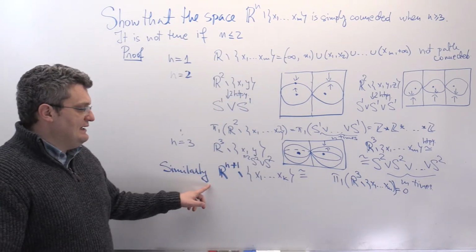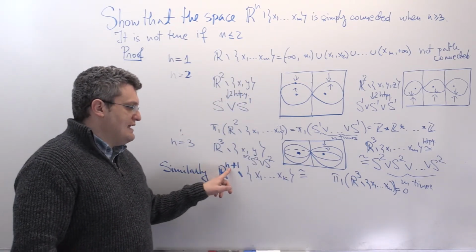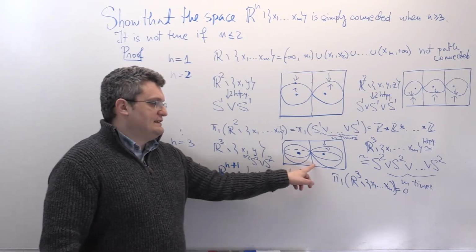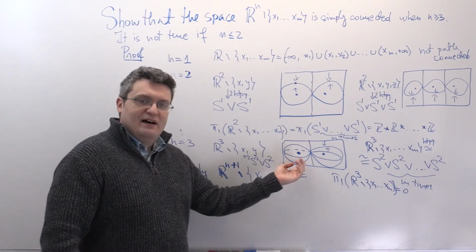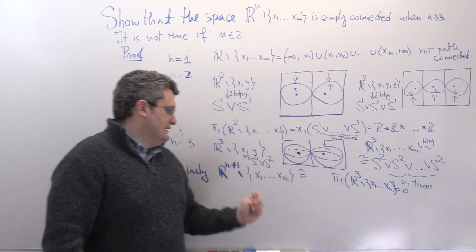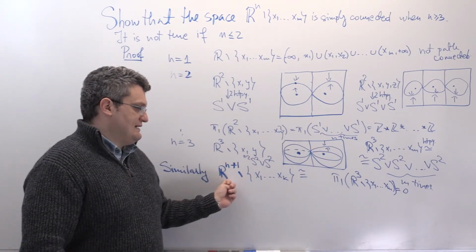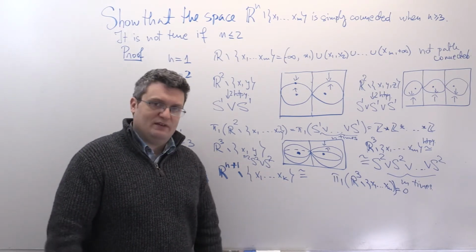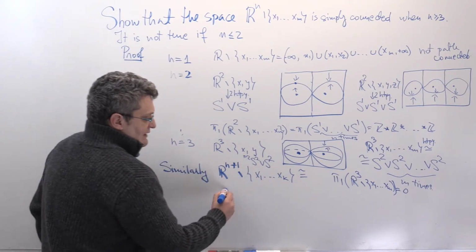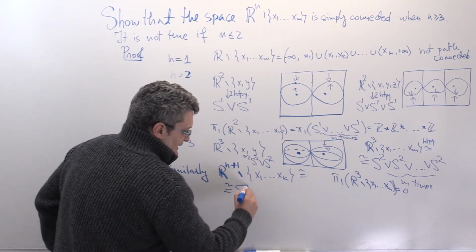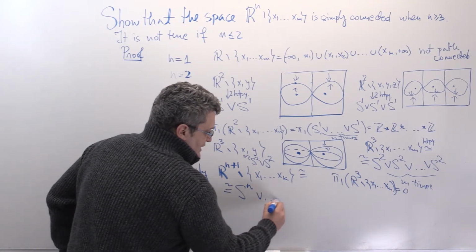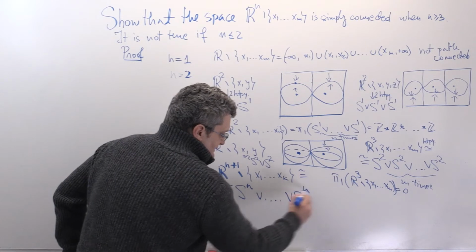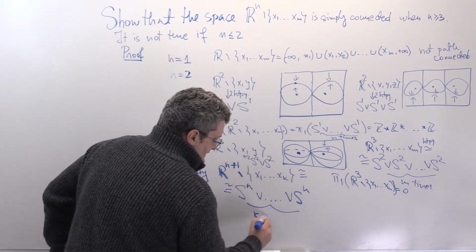So similarly, if you move to n dimensions, we will do the same method. We will divide by a hyperplane the space R^(n+1) around these points, and we project on the corresponding sphere. So in conclusion, we will have something like Sn wedge Sn, k times.